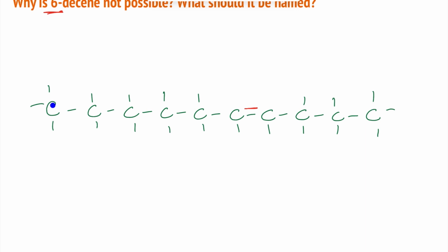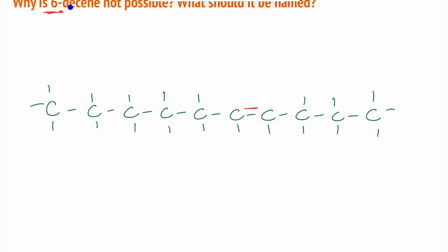I counted from the left, 1, 2, 3, 4, 5, 6, and I put my double bond after my 6 carbon. But like we talked about, we want, if possible, to label so that it is at the lowest numbered spot.